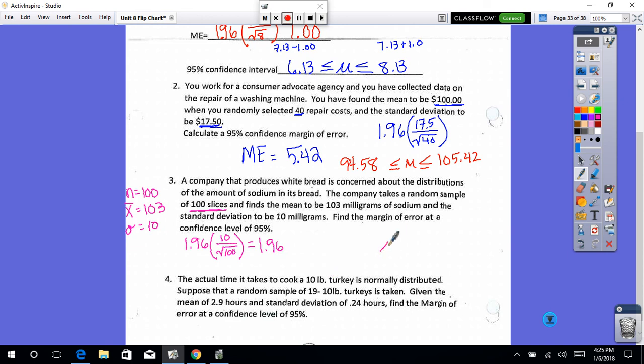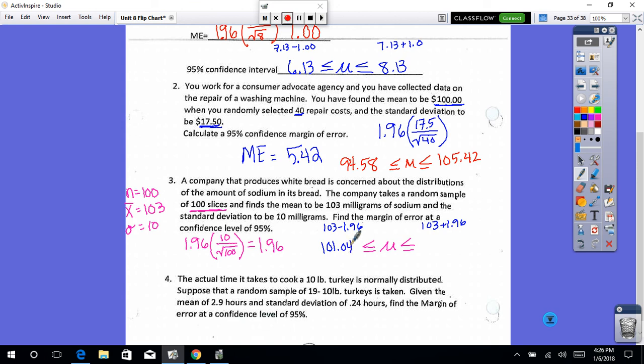Okay, again, we can go ahead and find the confidence interval. Let's do it. Since they gave us the mean, we might as well. Okay, again, this side, I take the average and I subtract the margin of error. On this side, I take the average and I add the margin of error. Okay, so over here, I get 101.04.